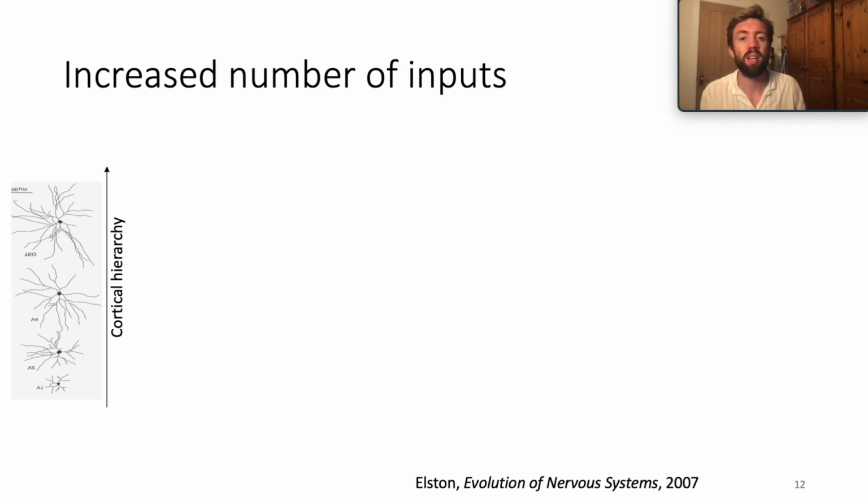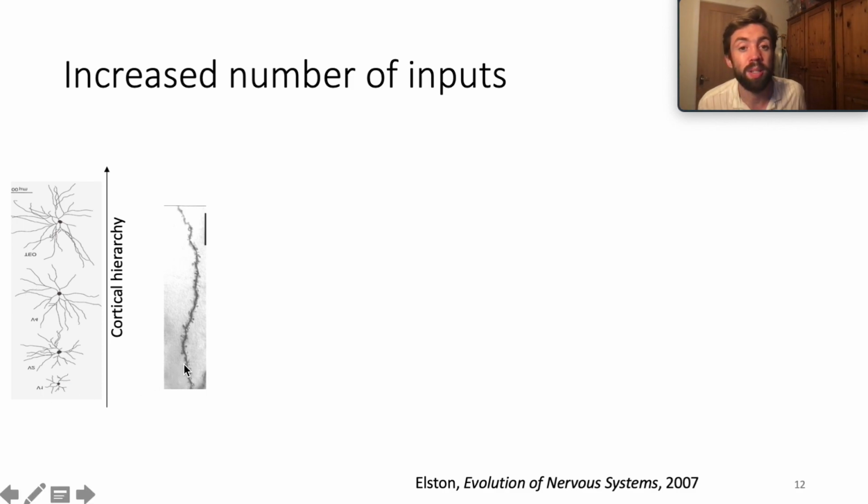So in addition to the size of the dendrites going up, the number of synapses per neuron also goes up. And this can be measured by looking at the number of these little tiny protrusions from the dendrite called dendritic spines. And these are where over 90% of the excitatory synapses occur for pyramidal neurons.